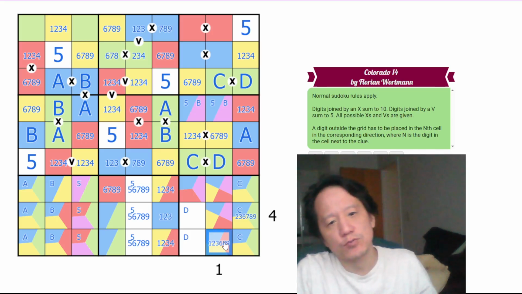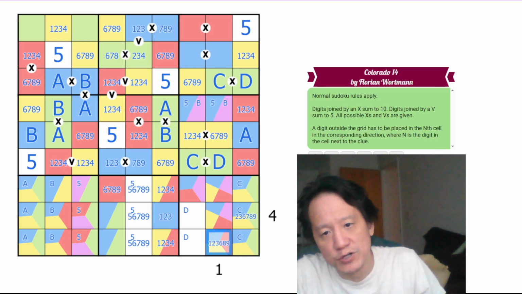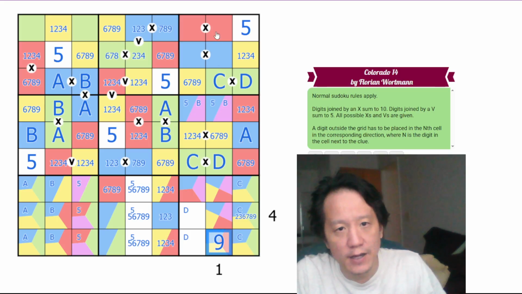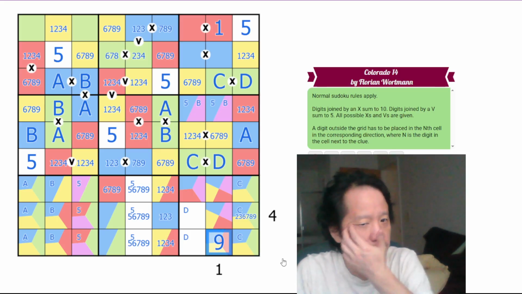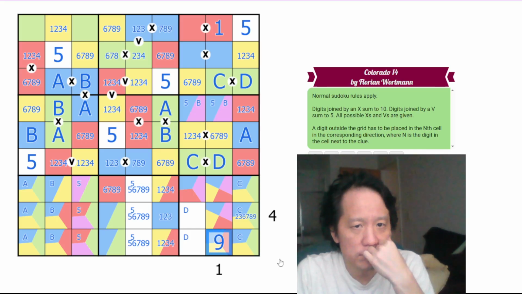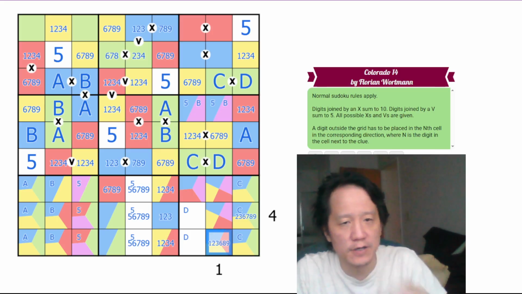So if this were, okay, so say this was a 9. If this was 9, that would mean 1 would have to be a red, which would mean this is a red also. So that could work. Right. So that seems okay.